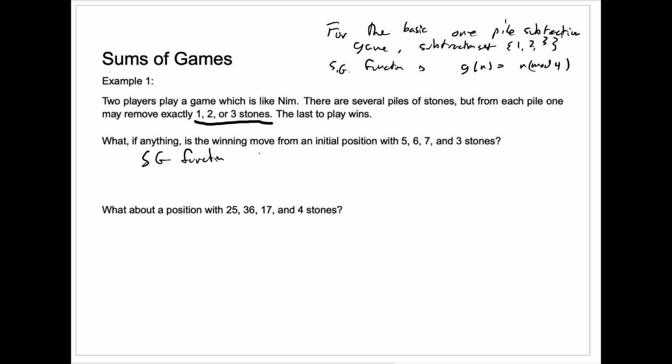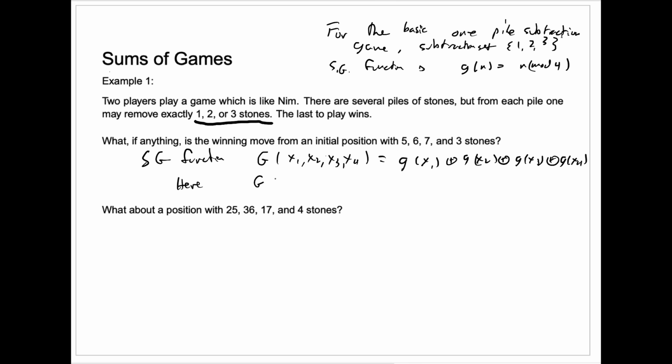So the Sprague-Grundy function, I'll call it capital G, of a position x1, x2, x3, x4. I'm using x1, x2, x3, and x4 to denote the sizes of the 4 piles. That's just little g of x1 nim sum with g of x2, g of x3, and g of x4.